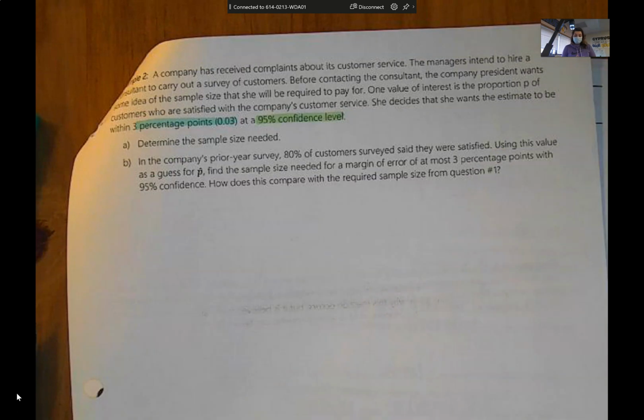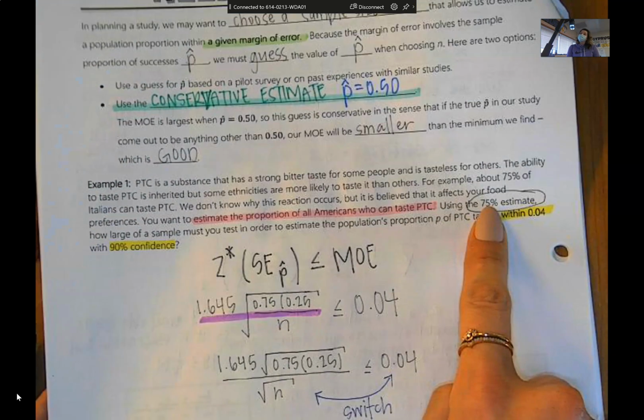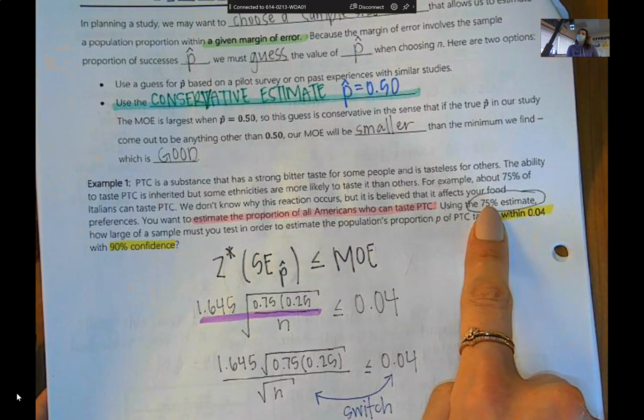Part A says determine the sample size needed. Well, they give us no indication what we should use for p hat. In the previous problem, they told us to use 0.75 as our estimate for p hat. Here, they don't tell us anything.